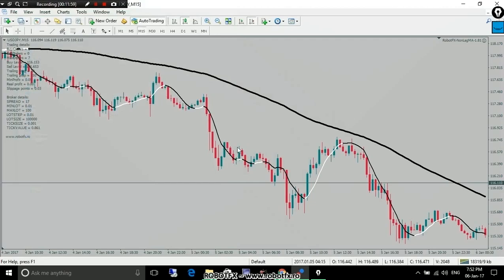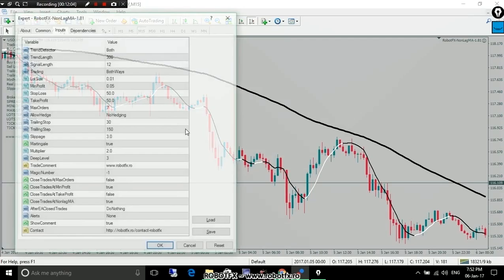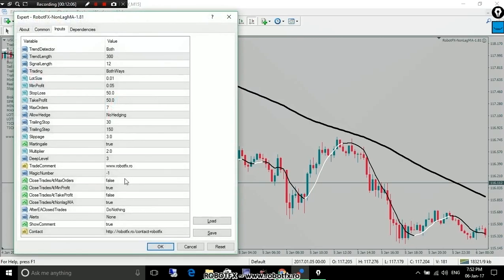And if the previous trade was a loss, then it will multiply the lot size of the next trade. So if you lose 0.01, it will multiply this with the multiplier that you choose here. Multiplied by 2, it will open the next trade at 0.02, right? 0.01 times 2 equals 0.02, and this will be the lot size of the next trade.